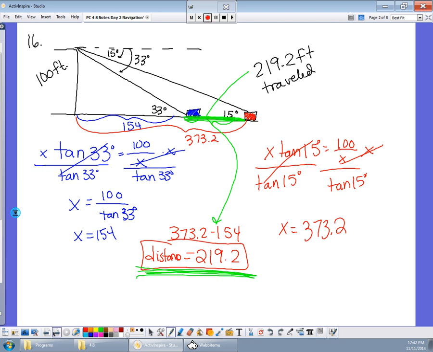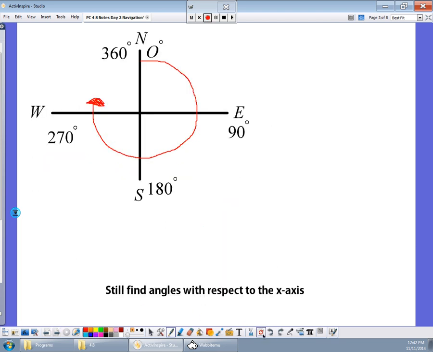So today we're introducing headings and bearings. When you see a direction given to you as a heading or a bearing, that's measured from north.